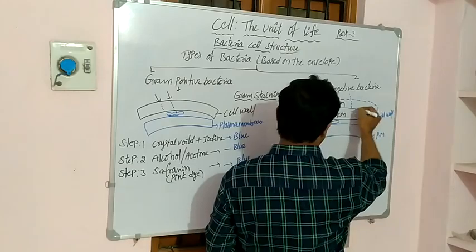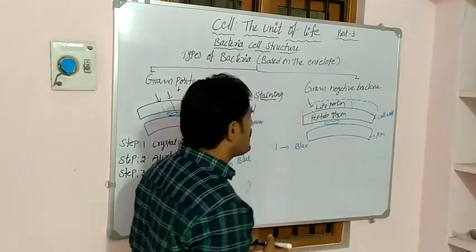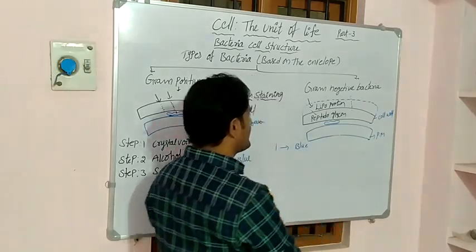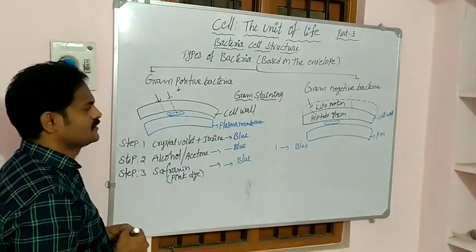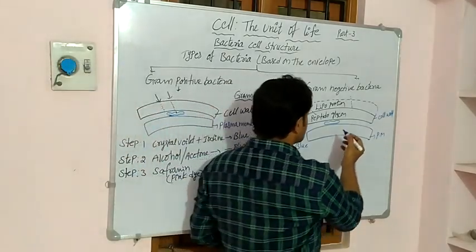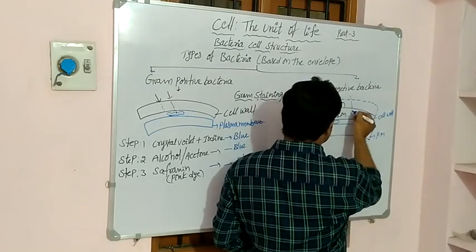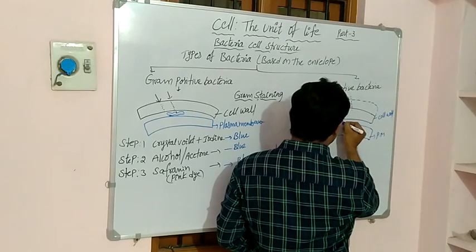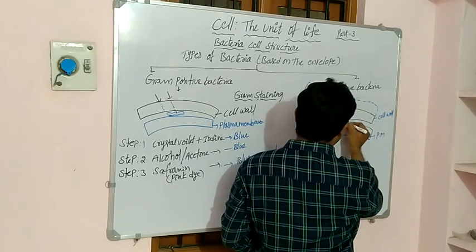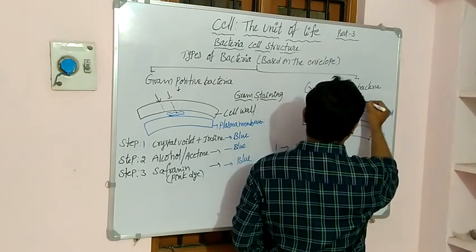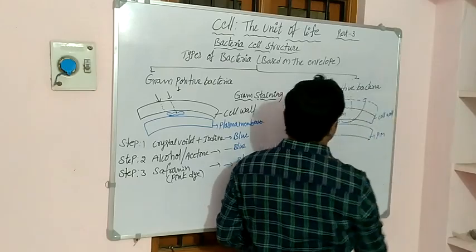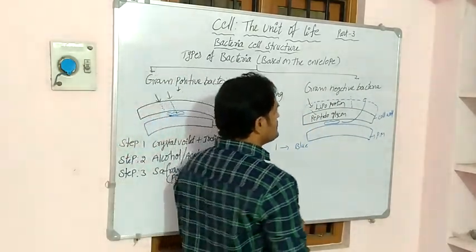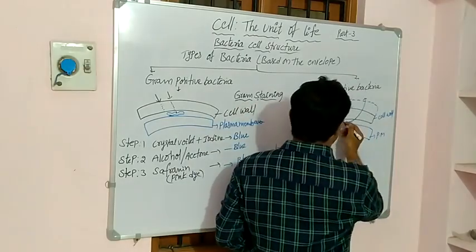The alcohol or acetone reacts with this iodine plus crystal violet solution, and it is not retained, so this blue color dye comes out from the cell wall to the outside.